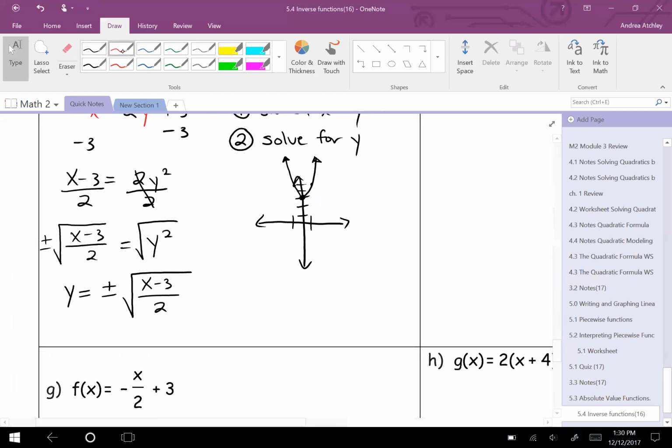But we kind of want an idea so we can do a little sketching of it by just switching the x and y. So my vertex of this is going to be 3 for x and 0 for y. I switched the x and y here. And then my parabola is going to kind of face this way.